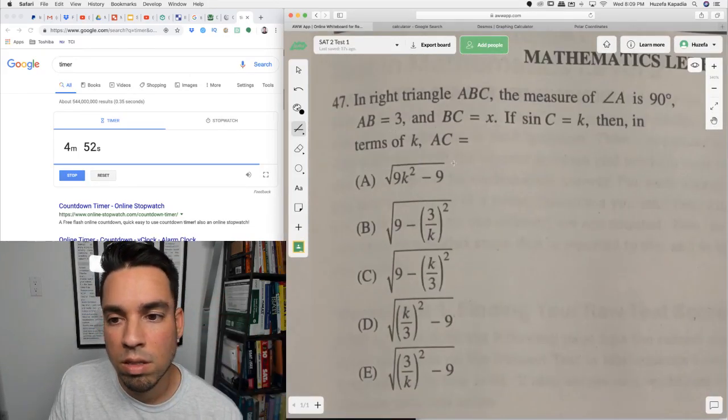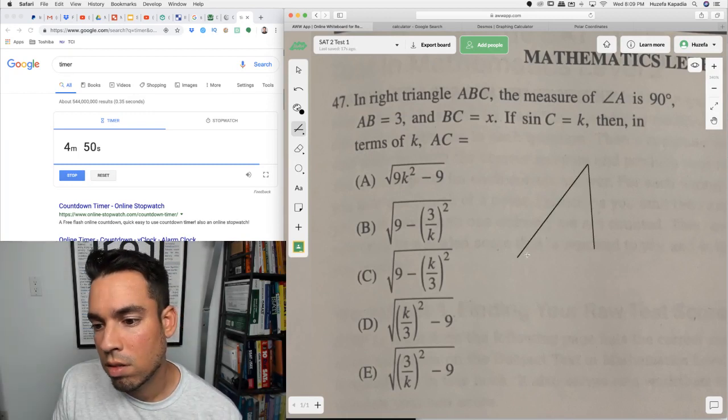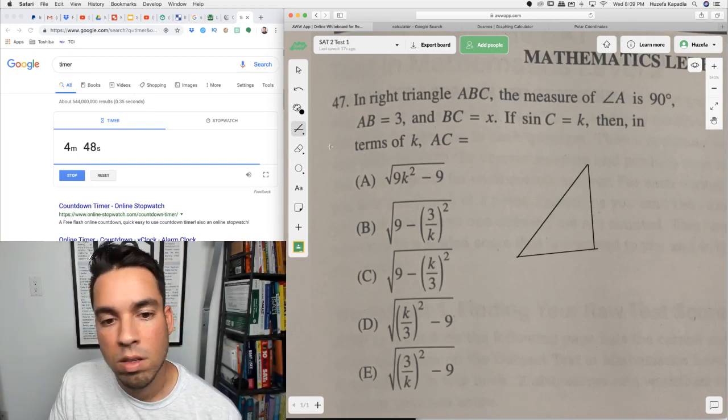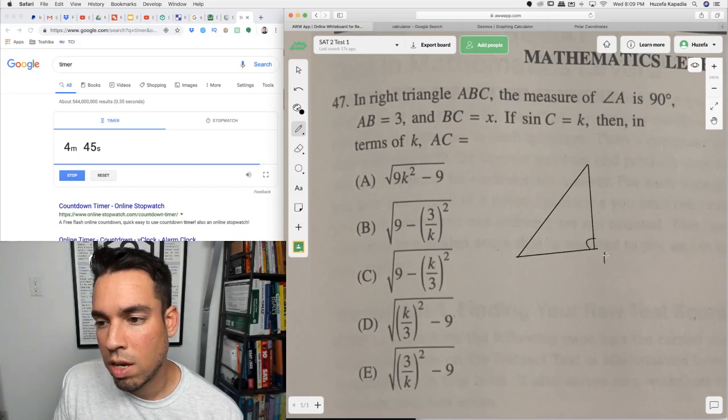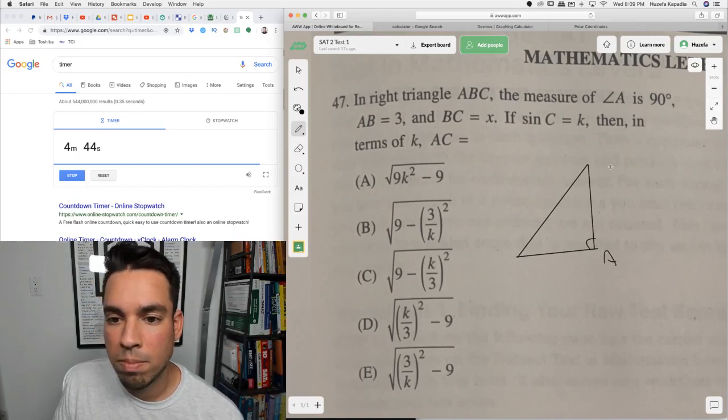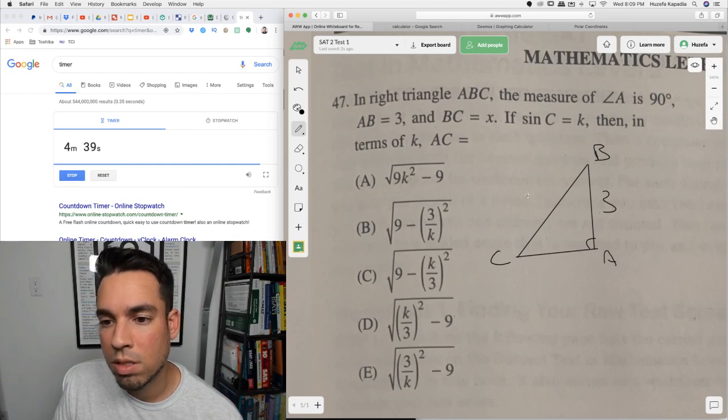All right, in the right triangle ABC, the measure of angle A is 90. Okay, so here's A, B and C. AB is 3.